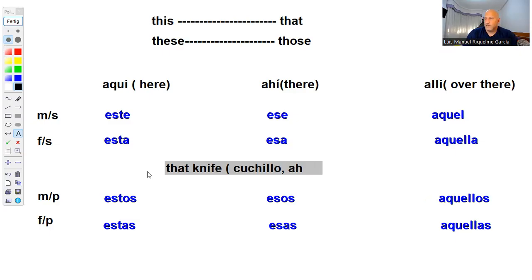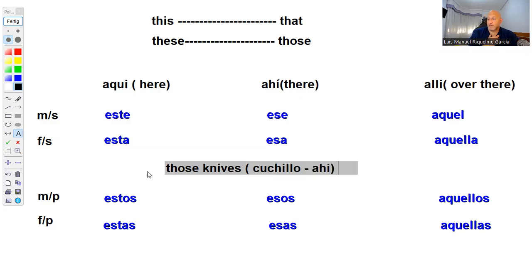Okay? More. It's not going to be knife anymore. It's going to be knives. So those knives. Cuchillo is still a knife. And they are in the middle.